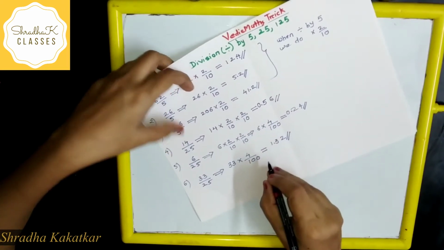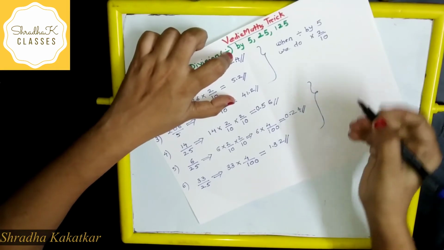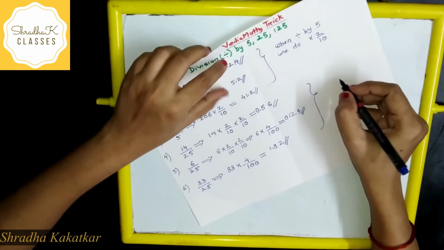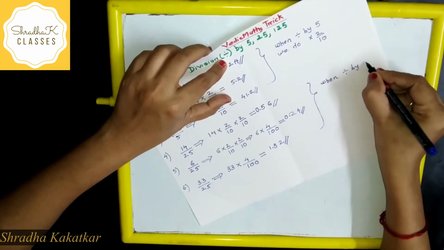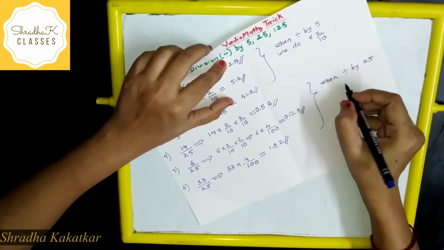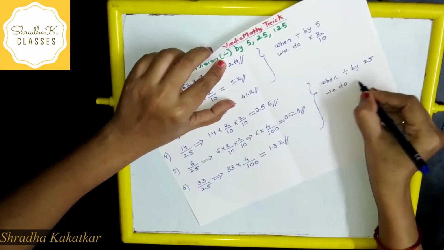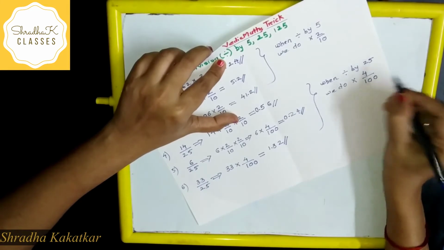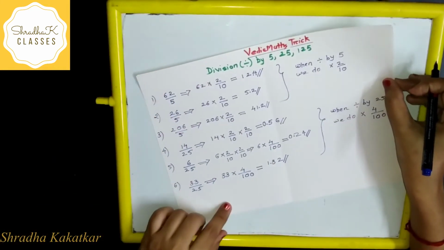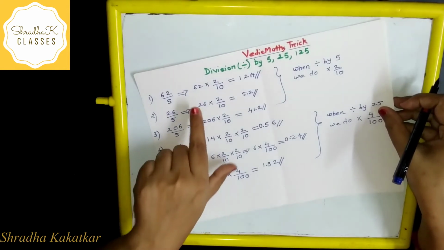Answer is 1.32. What you have to remember here is, when we divide by 25, we multiply by 4 by 100. Okay, this was about division by 25, and earlier, division by 5.